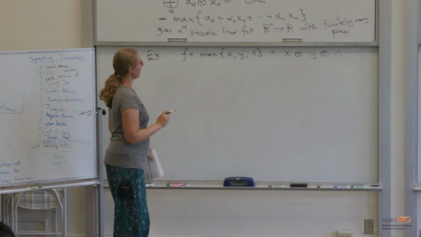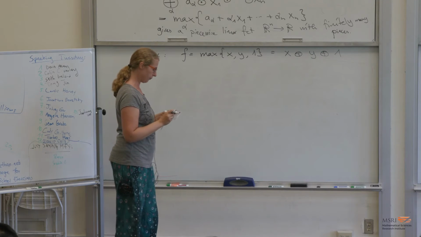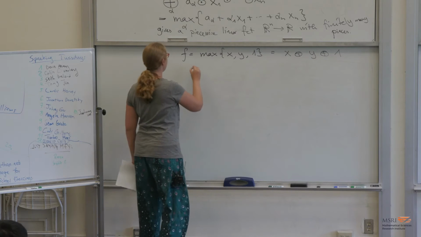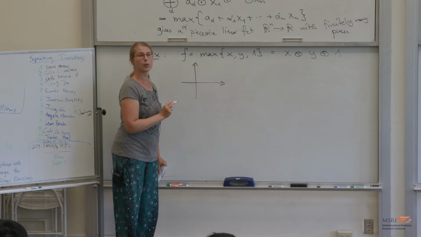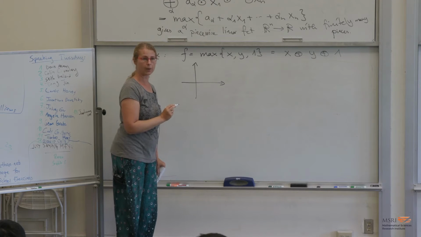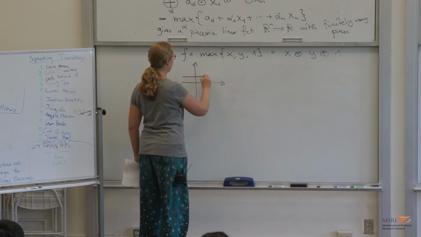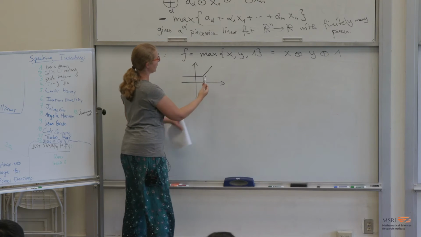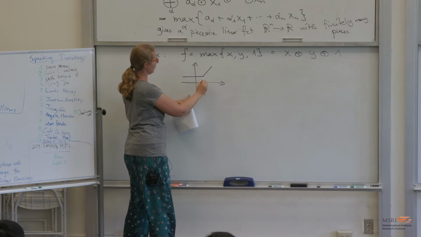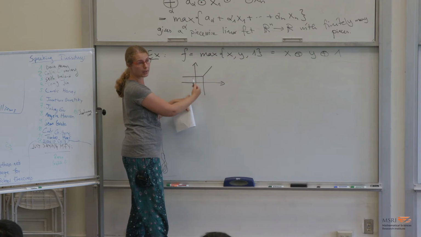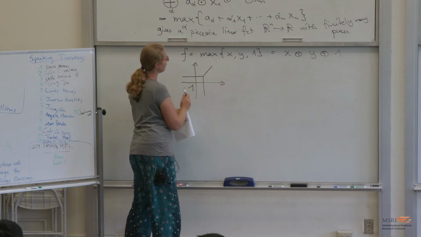Okay, so it's not super easy to sketch the graph of this in R to the 3, of course. Yeah, I don't think I want to try. What I do is I draw R2, and I give you the regions of polynomiality. It'll look like this. If x is less than or equal to 1 and y is less than or equal to 1, which is going to be this region here, then 1 is the maximum, so this is where this term wins, right?